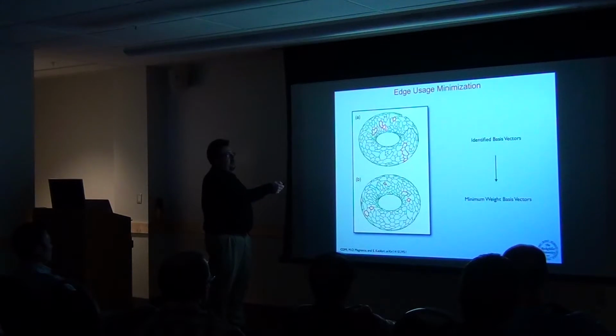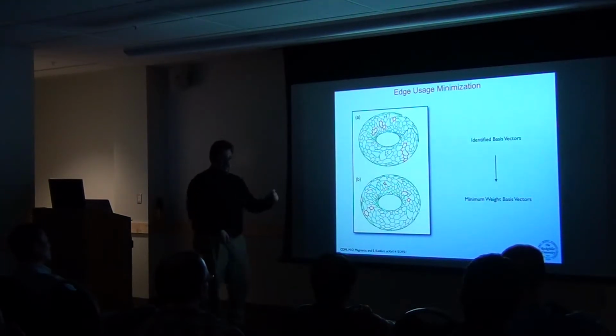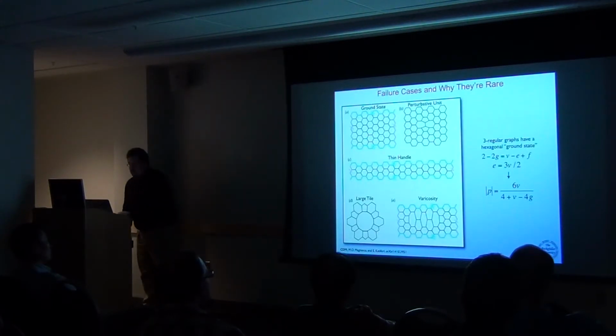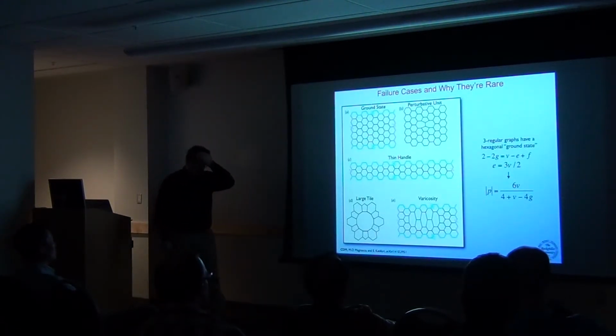You can pick a random spanning tree, you get elements like this, and then you rotate onto the minimum weight basis, and everything works beautifully. You find individual tiles, you find that the topological cycles shrink down into the smallest possible units that can be done.